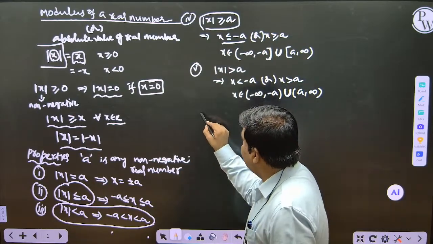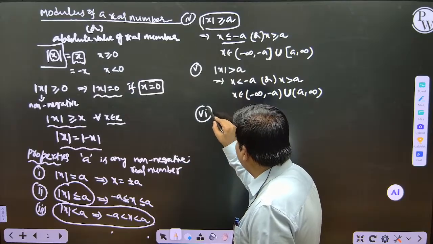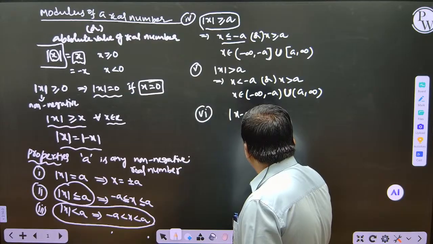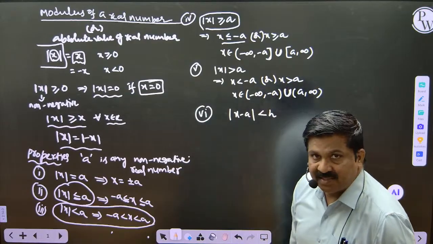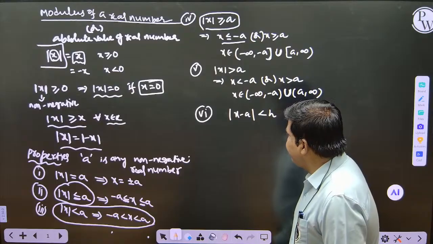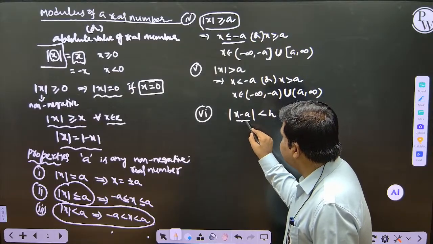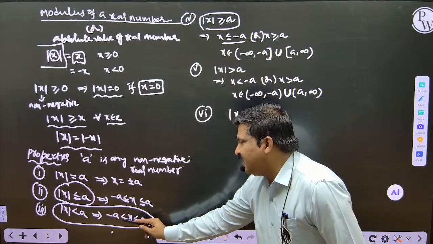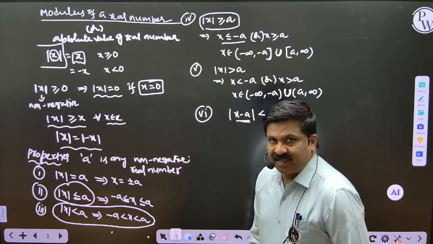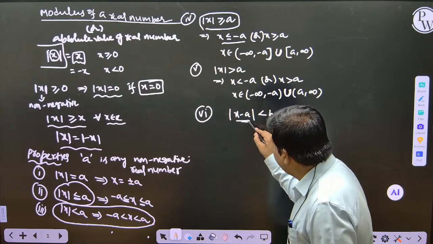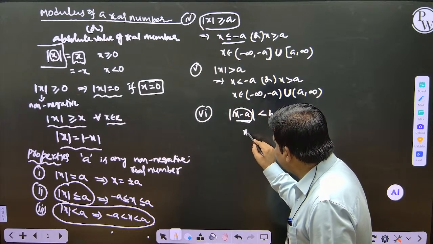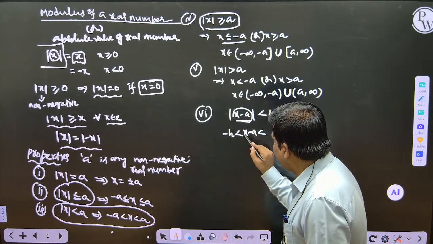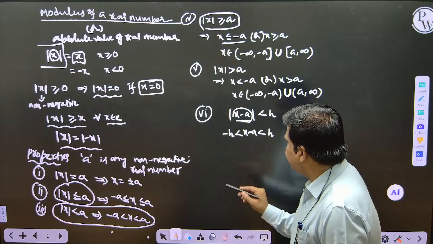And next, see the sixth property. Modulus of x minus A is less than h. Equality is not there, so in the same way you can write it down here. I have already told you that mod x less than A means x lies between minus A to plus A. Here x minus A is there, so it lies between minus h to plus h.